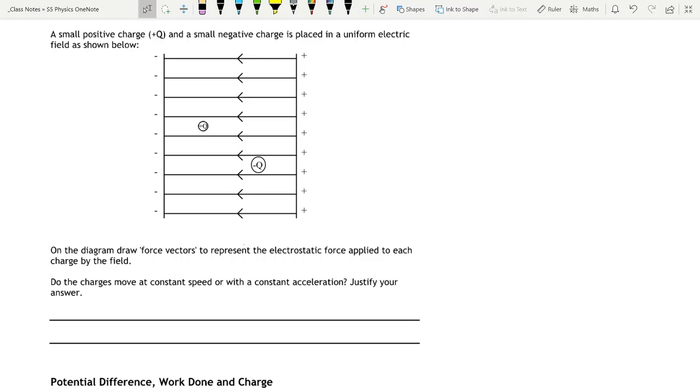Point in the direction that you think the positive charge is going. Towards the negative, it gets attracted towards the negative. And what about the negative charge? Yeah, it gets attracted towards the positive. So that's basically what I want you to draw in, just a little arrow showing in which direction they would move.